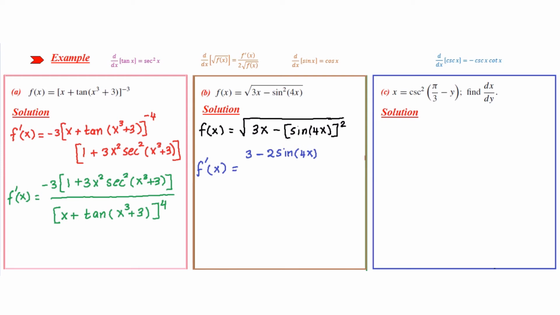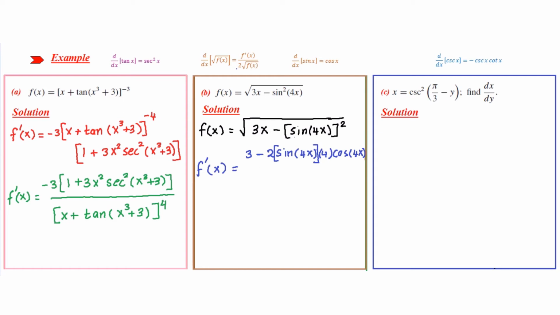And you have to find the derivative of the inside function. So for the derivative of the inside function, you have to find the derivative of the angle 4x, which is 4, multiplied by the derivative of sine, which is cosine of the same angle 4x. This is the derivative of the inside function.